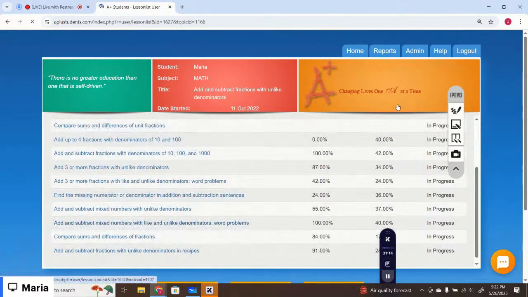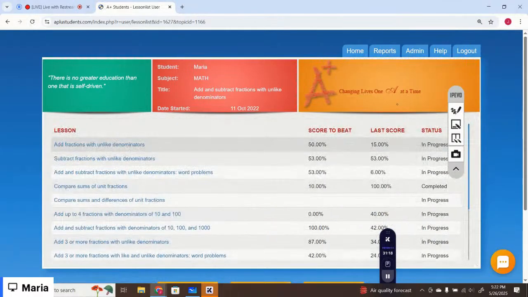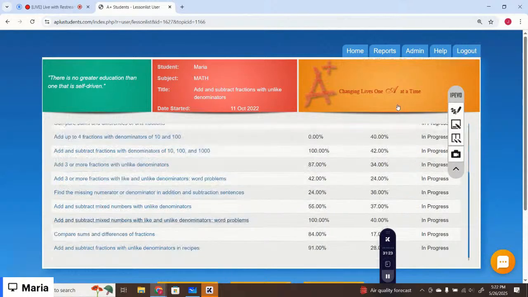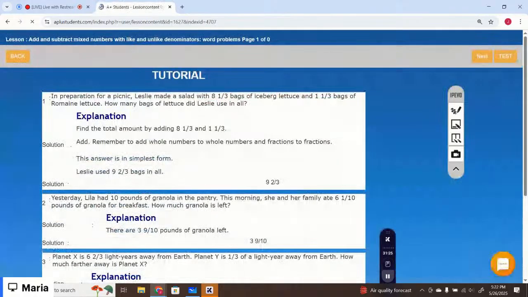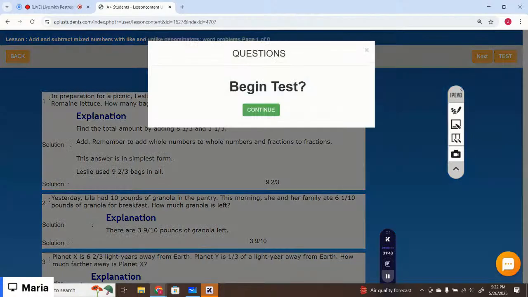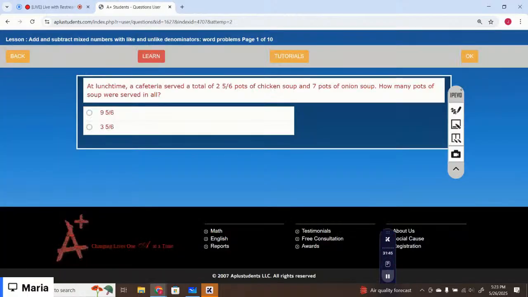Add and subtract mixed numbers with like and unlike denominators. Let's just start with the test questions.